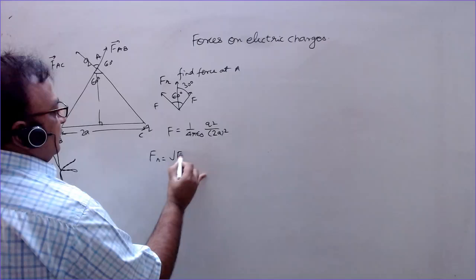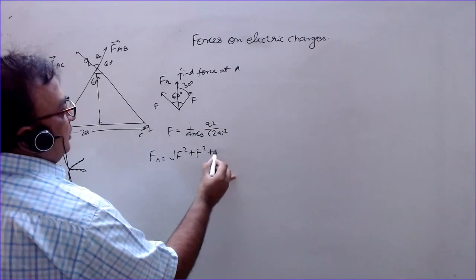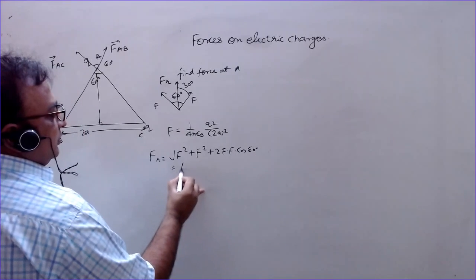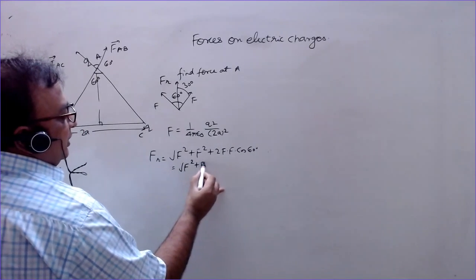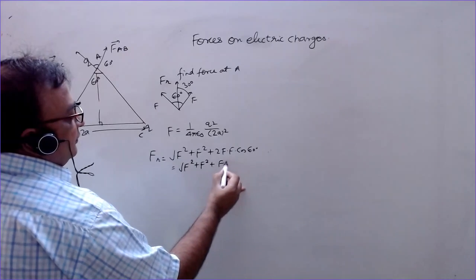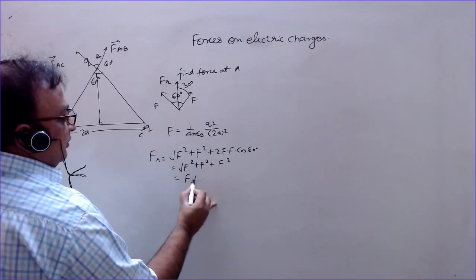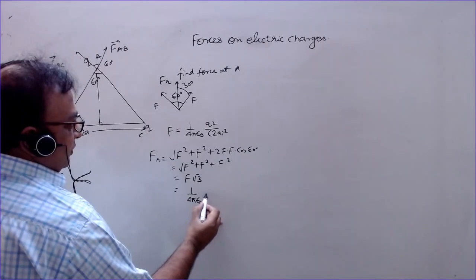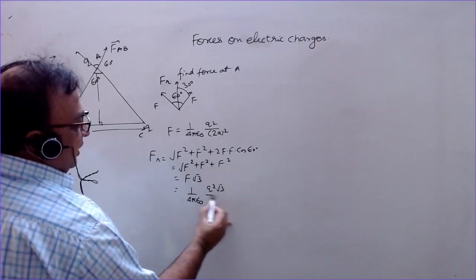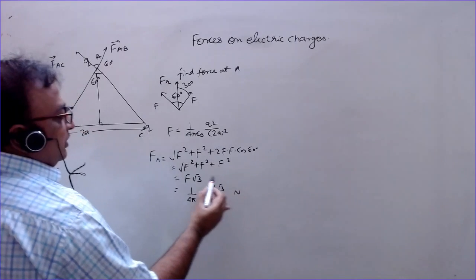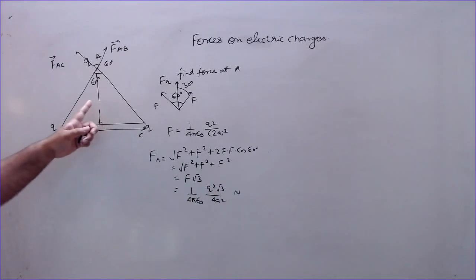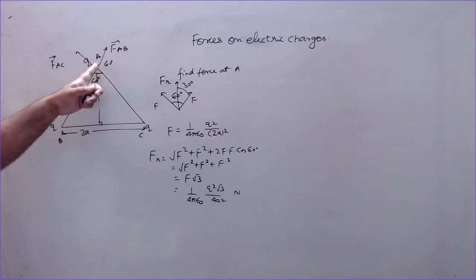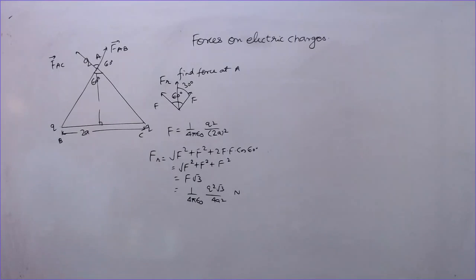Under root of F square plus F square plus 2F F cos of 60 degree. cos 60 is 1 by 2. So F under root 3. So this is 1 upon 4 pi epsilon 0 q square root 3 by 4a square Newton, in the direction perpendicular to the base or along the perpendicular bisector of the base, making an angle 30 degree with any of these two forces.